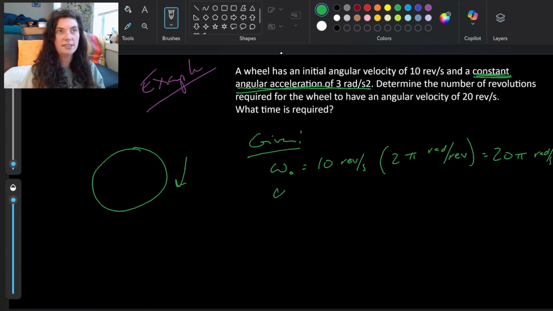Note our units are actually correct in that one. With that, we know we can use those constant angular acceleration equations, right? Omega equals omega naught plus alpha t, all of those equations.